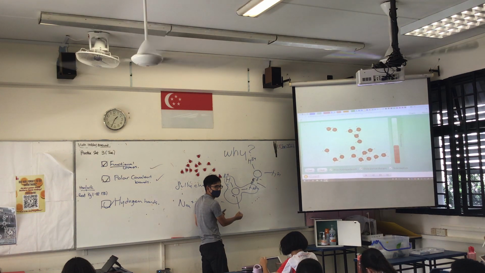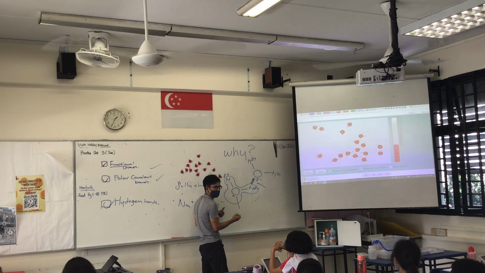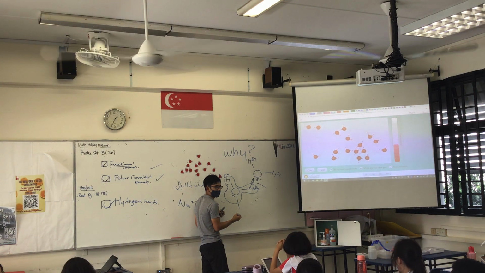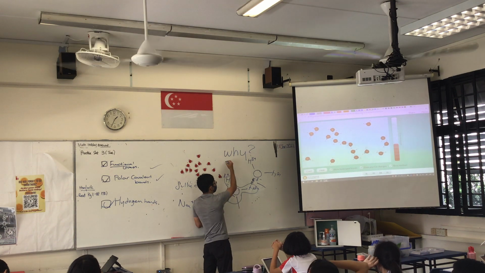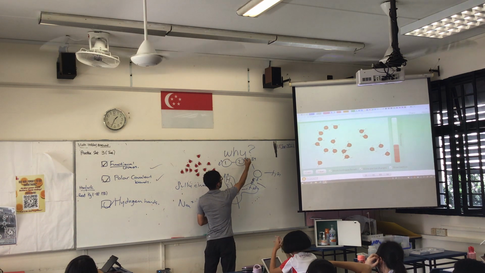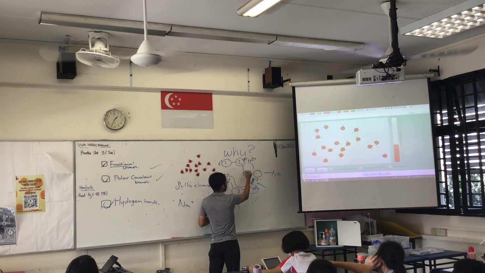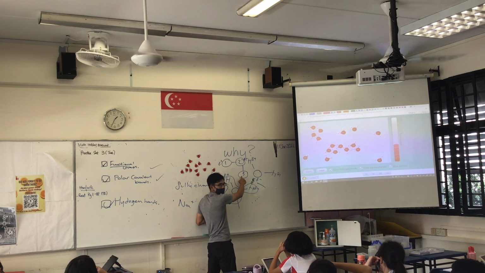Let's say the charge is on 1 and 2. 1 is the one which is positive, 2 is the one with negative charge. Then after that, 2 bonds with 3, so 2 becomes the positive. So let's say this is suddenly less electronegative.